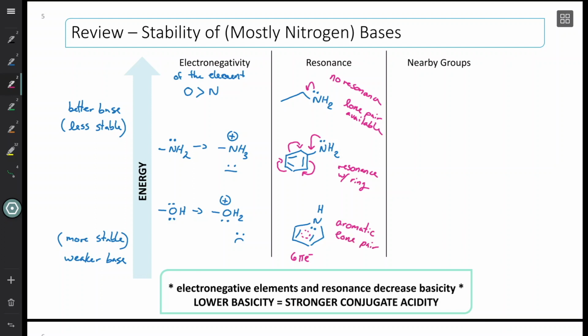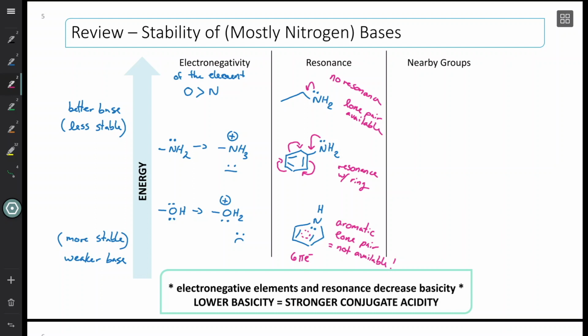So taking that lone pair away to do base stuff is not what the pyrrole wants to do, right? It would break its aromaticity. So this is not a good base, right? That lone pair is not available. So you would have to have a really strong acid to deprotonate pyrrole.